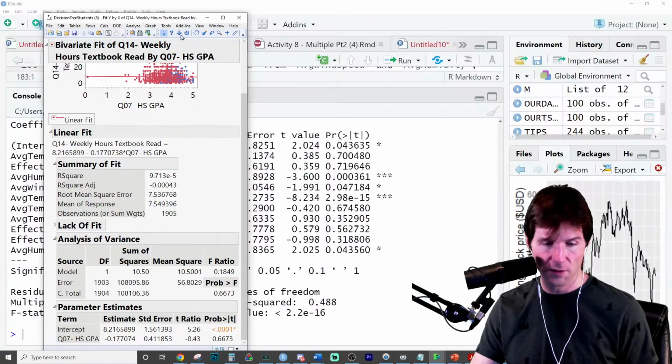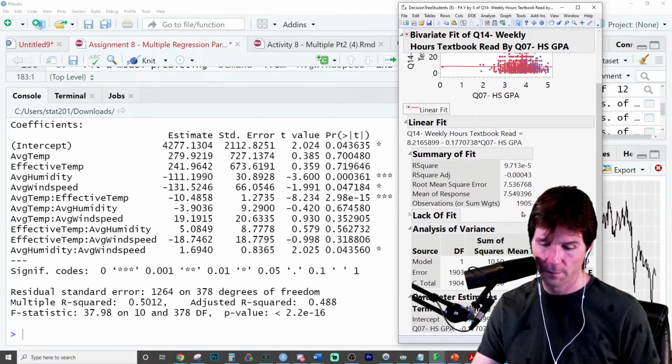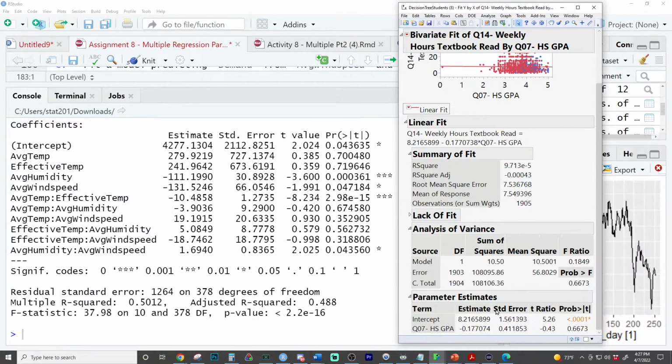This output over here with an estimate, a standard error, a t-value, and a p-value. Wait a minute. So this is the crossover between classes. It's the same output for the parameter estimates with an intercept for the model, also with the p-values of each thing in the model.